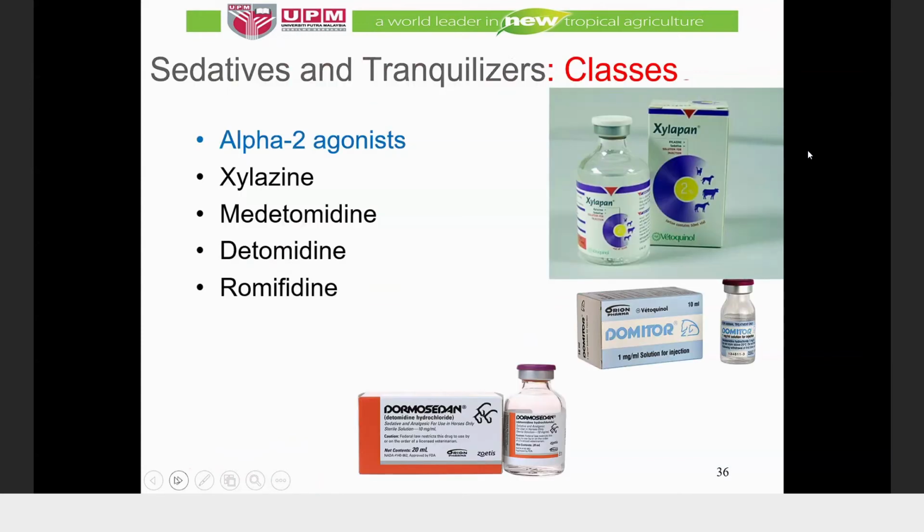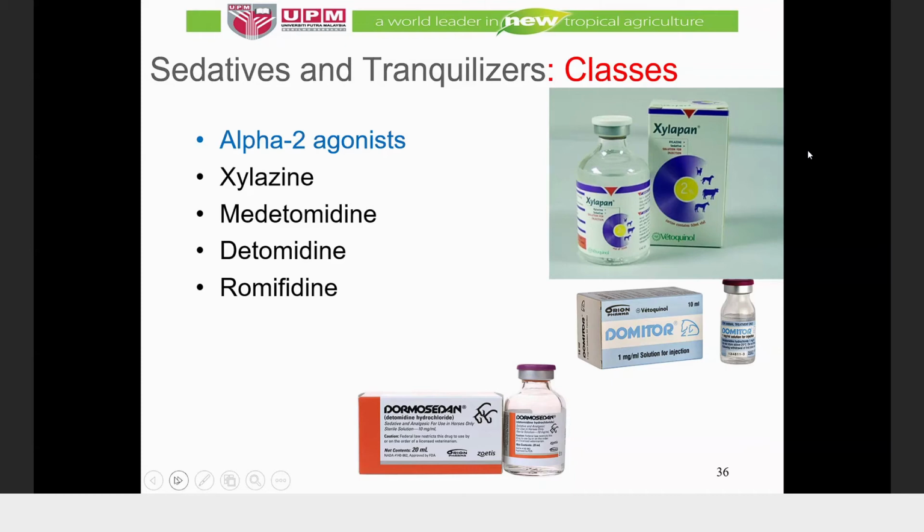All right, another class we have is alpha 2 agonists. Under this class we have many drugs which are new, like medetomidine, detomidine, romifidine, but the one most commonly used, and also used in our clinics, is xylazine. Alpha 2 agonists are very potent sedatives.